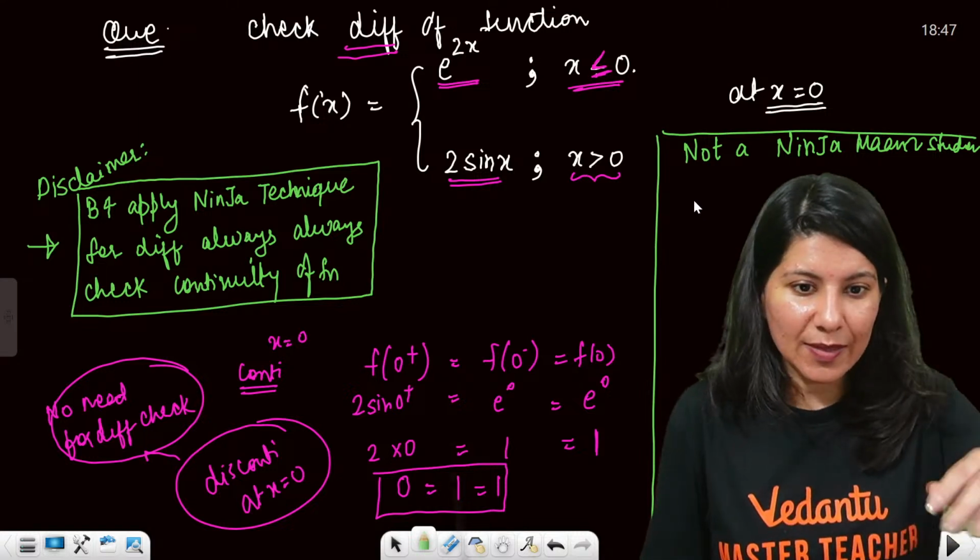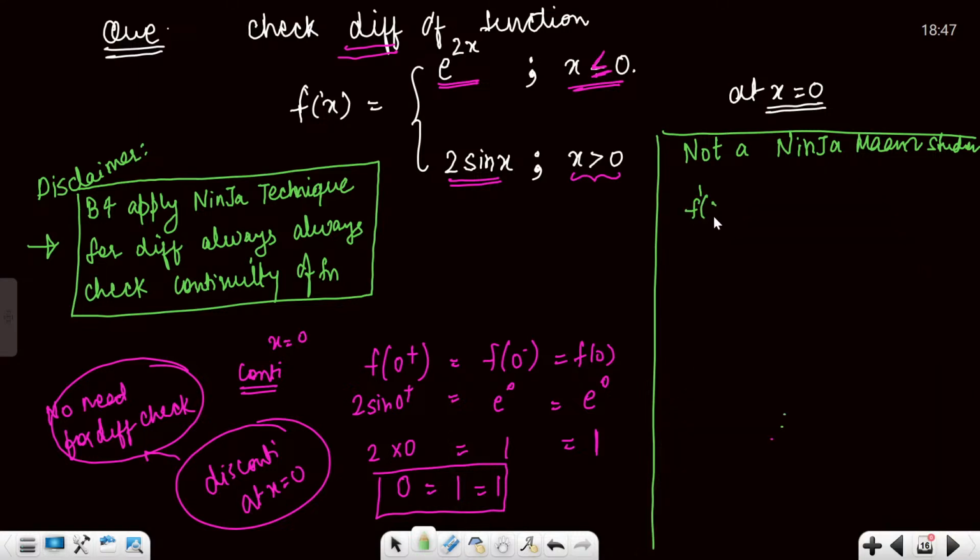So what will he do? He'll find f dash x. The derivative of e raised to power 2x will be e raised to power 2x into 2, and the derivative of 2 sin x is 2 cos x. Now this is for x less than 0, this is for x greater than 0.